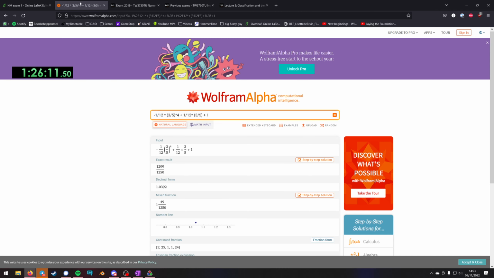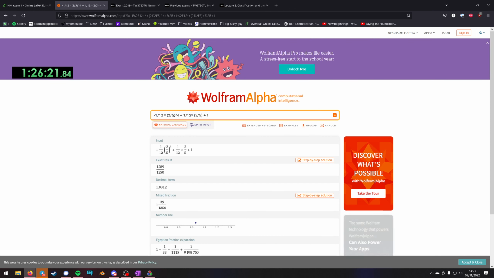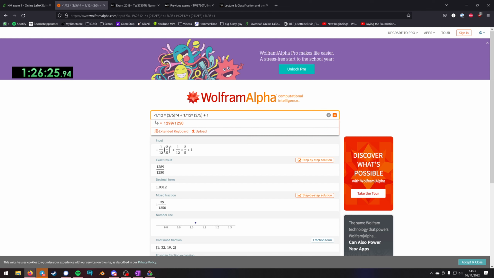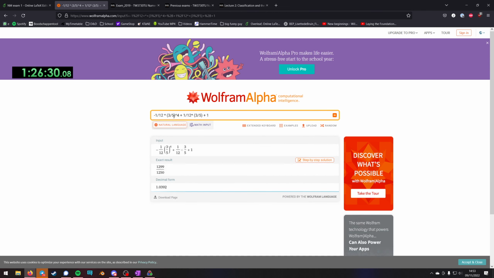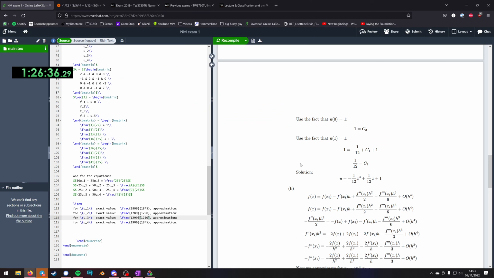Does that make sense? Because I feel like this function should be symmetrical, no? There's a difference of 10 over 1250. Huh.